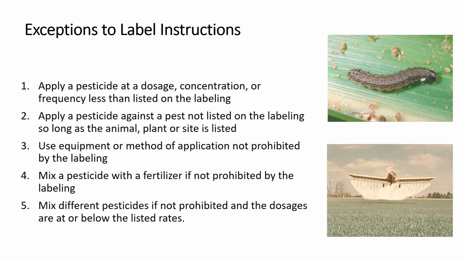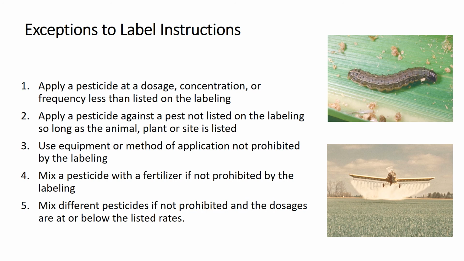And if we continually lessen the rate that's been stringently tested over time to come up with these labels, then we could run ourselves into a situation where we see more resistance out there with some of these chemicals than if we were using just the minimum rates.